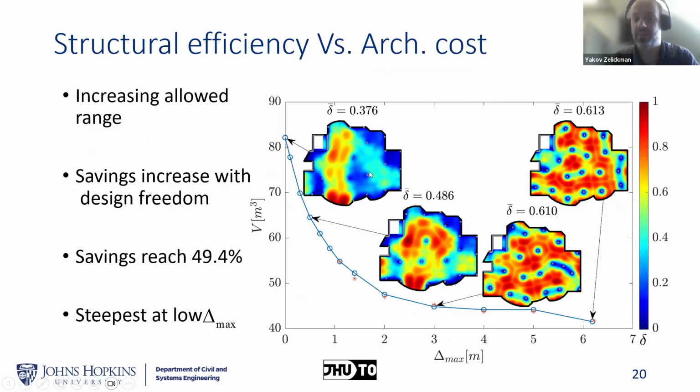Here, basically, I have this box around every column that tells me what is the allowed range for the column, and this implicitly or explicitly represents some architectural constraints. The point is, because the parameterization is very explicit, the design parameters are the coordinates of the columns.